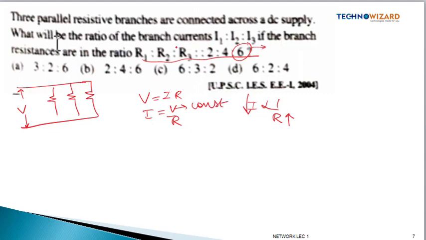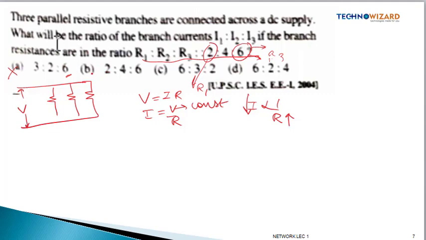So see the options. It means maximum current will be flowing through R1 and minimum current will be flowing through R3, because R3 resistance value is maximum, it is 6 times, and R1 resistance is 2 times. See the options. This one is wrong because in this the maximum current is through R3 resistance.